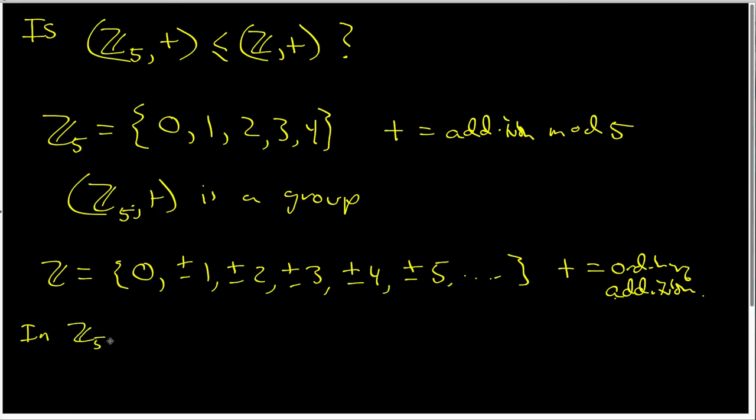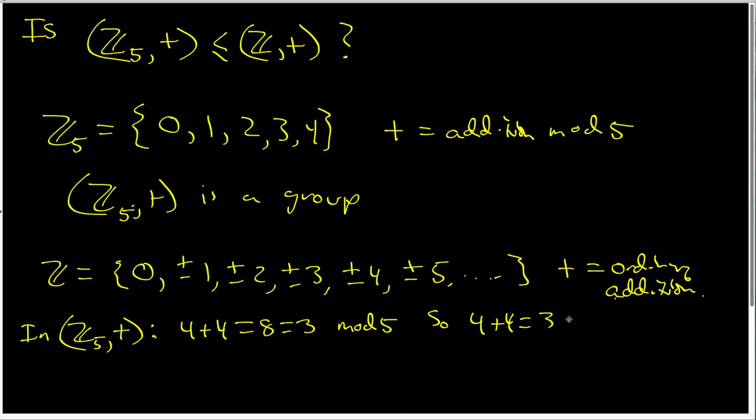Inside Z5, under its plus, if I look at 4 plus 4, well, that is equal to 8, but 8 is equal to 3 mod 5. And so 4 plus 4 equals 3 in Z5 because I'm reducing everything down mod 5.